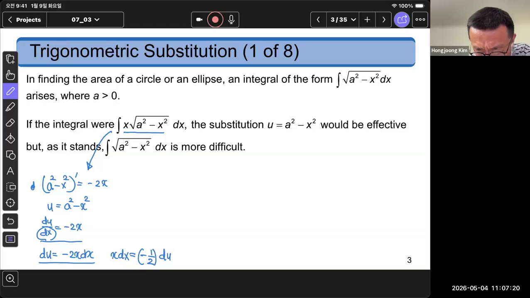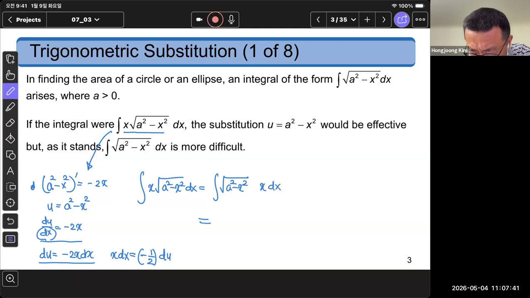Then the problem is simple because x square root of a squared minus x squared dx is the square root of a squared minus x squared times x dx. And if I introduce u to substitute a squared minus x squared, then the integrand is square root of u, and x dx is negative 1/2 times du.